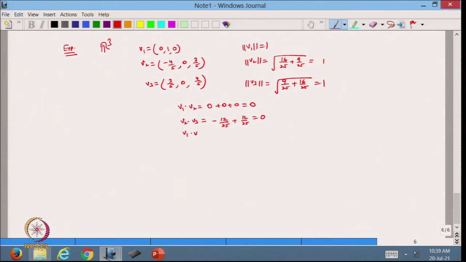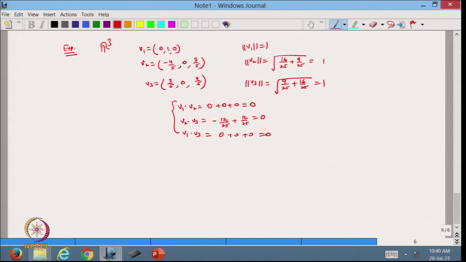Similarly, V1 dot V3, if you take, is 0 plus 0 plus 0, that is 0. It means that these vectors are orthogonal to each other. So, they are mutually orthogonal and their magnitude is 1.